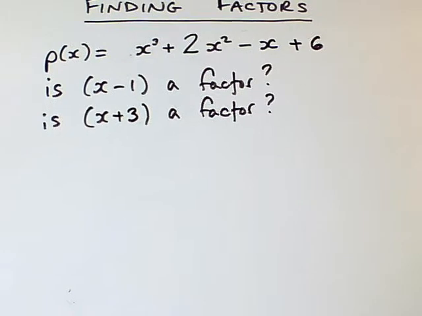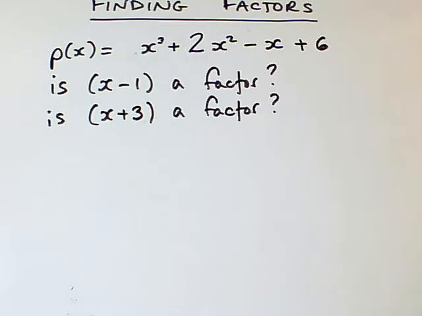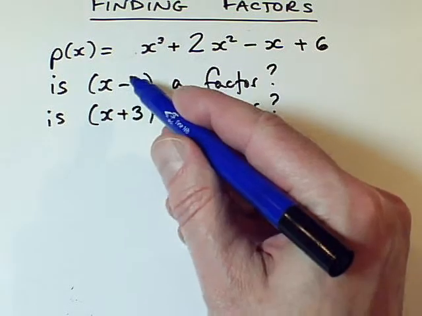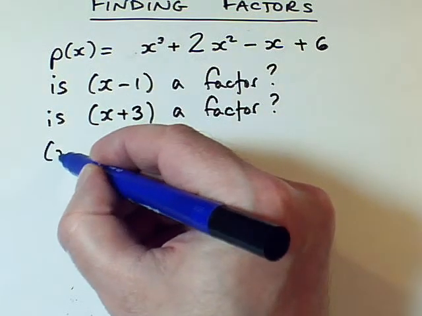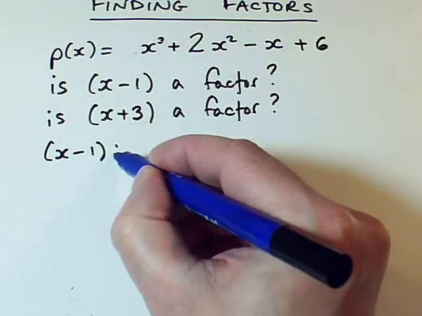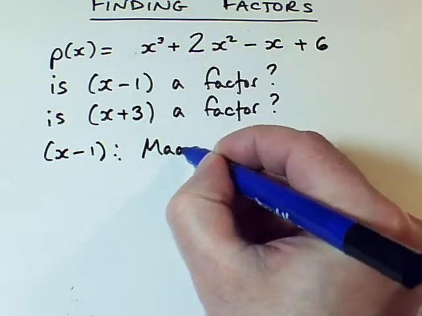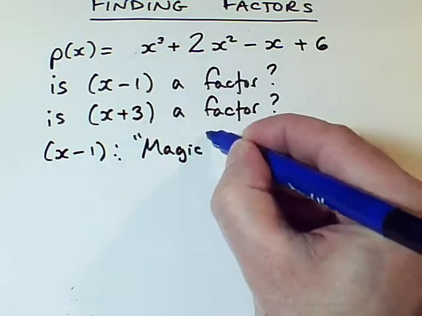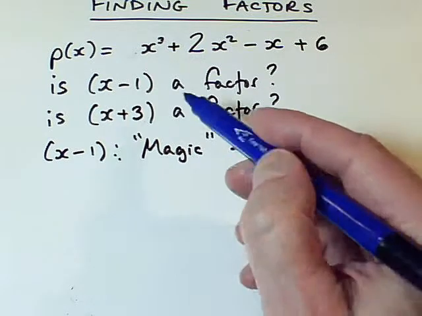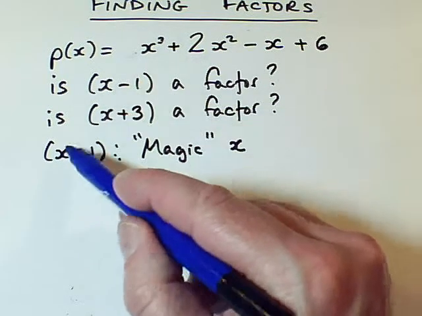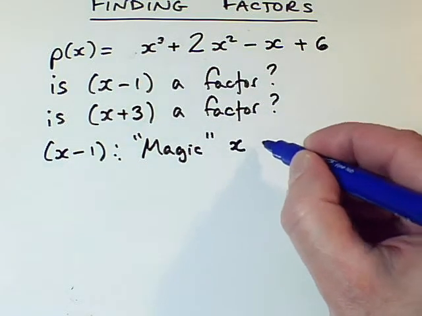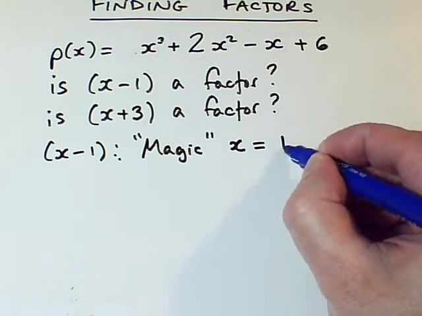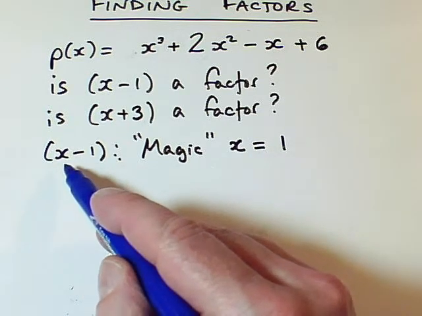Okay, and here's kind of the same idea, but this time we're starting with factors, and we've got to test whether they are or not. So to test x minus 1, I need to decide what the magic x is. By the magic x, I mean the value that I'm going to need to put in, which is the value of x that makes the bracket equal 0. So for x minus 1, I need x equals plus 1, because that will make this equal 0.